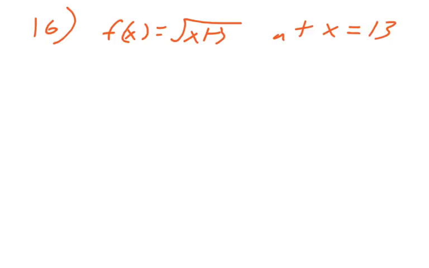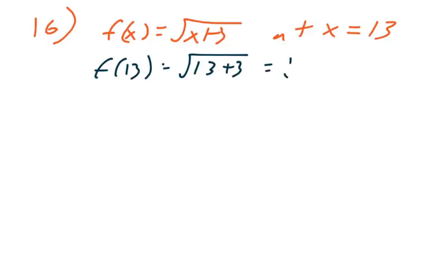Alright, so for this problem we're going to try to find the equation of the tangent line. The first thing I'm going to do is find out that the point is at (13, 4). So when I write the equation, it will be y minus 4 equals something times x minus 13.